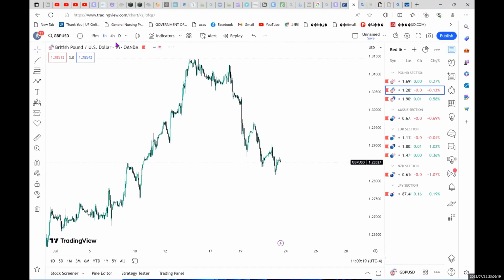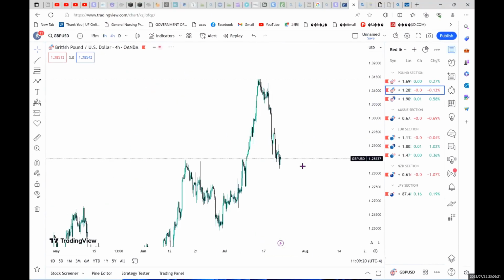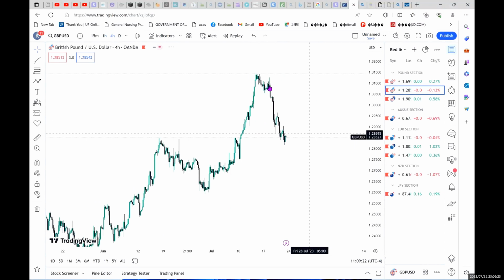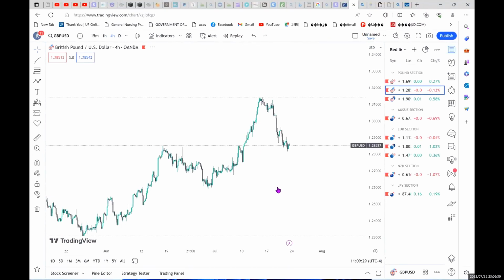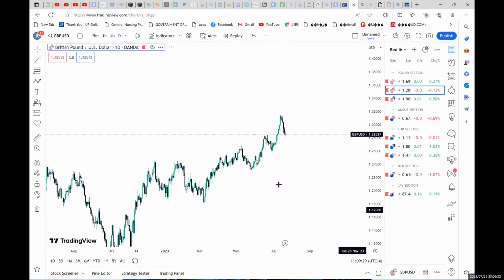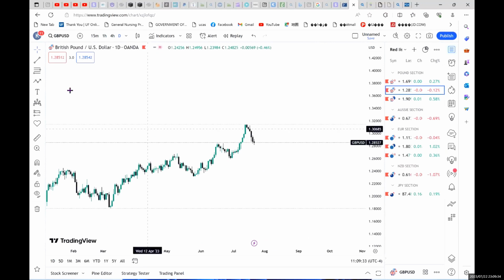GBPUSD. Last week when we did the analysis, we said that we were expecting price to push down, and you can see price did push down. So let's go to the daily time frame. Price is also bullish, as you can see.